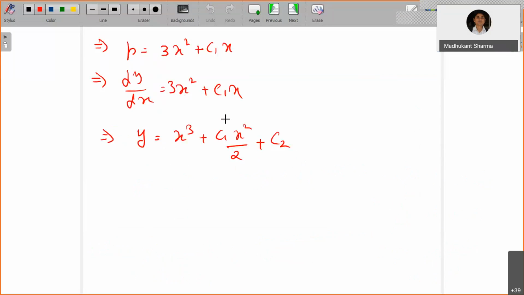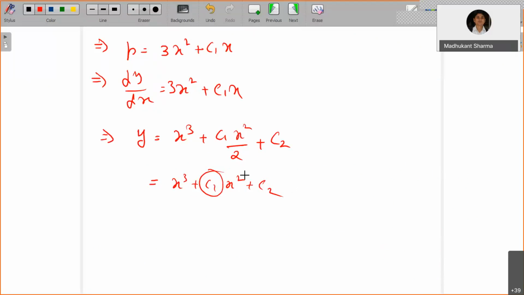I can also rewrite it as x cube plus C1x square plus C2 sometimes, because it's a generic constant. So C1 by 2 you can replace by some new constant C1. That's not a problem. If you are going to impose some condition here, then you will get them uniquely if required. So that is also fine if you replace C1 by 2 by C1.